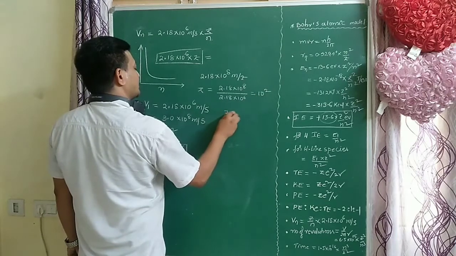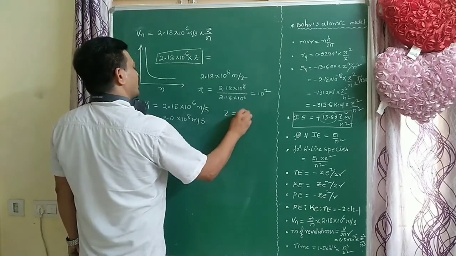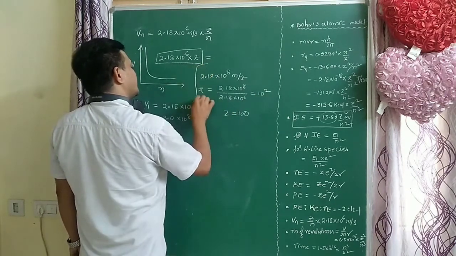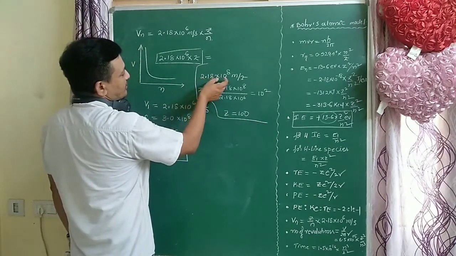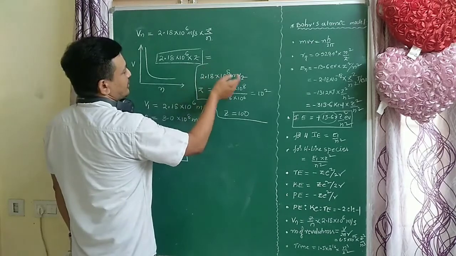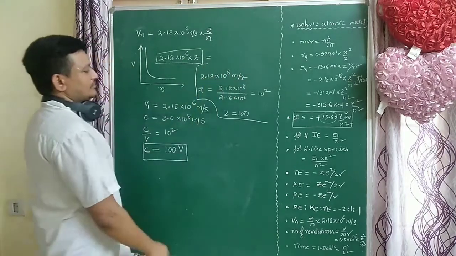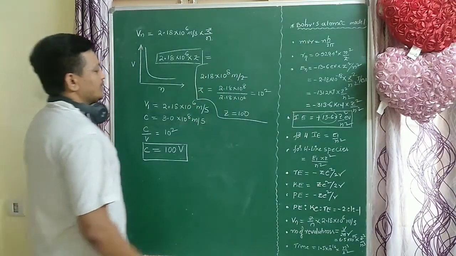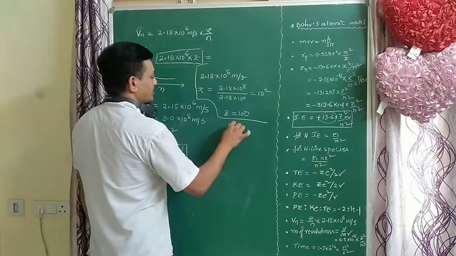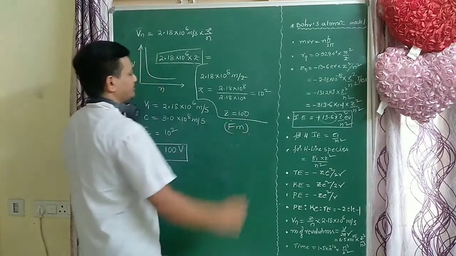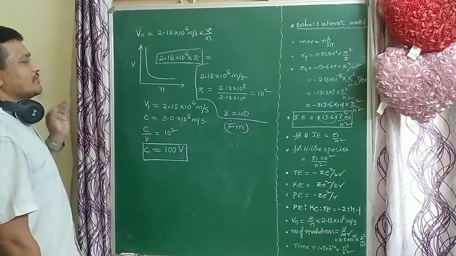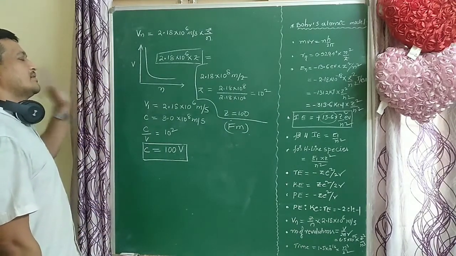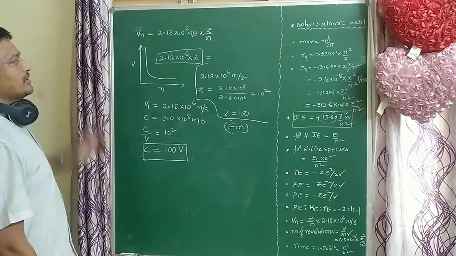Here Z equals 100. For atomic number 100 element, the slope equals 2.18 into 10 power 8 meter per second. Atomic number 100 is fermium, Fm. By using the graph, easily calculate the atomic number of any element for a particular orbit.